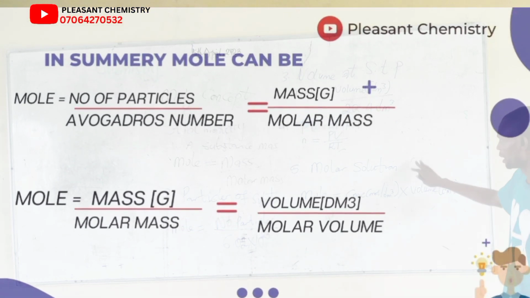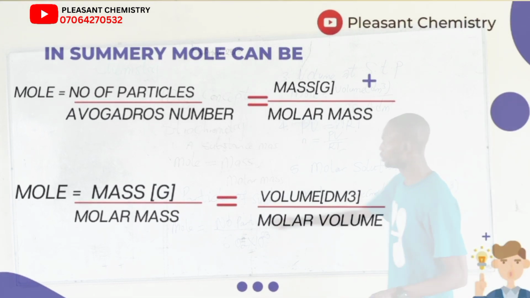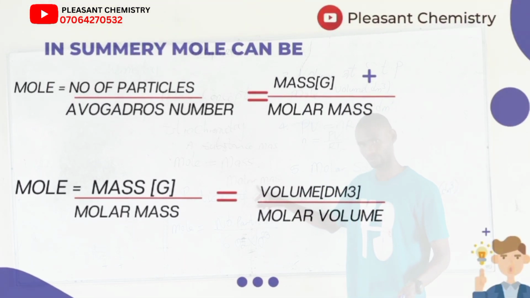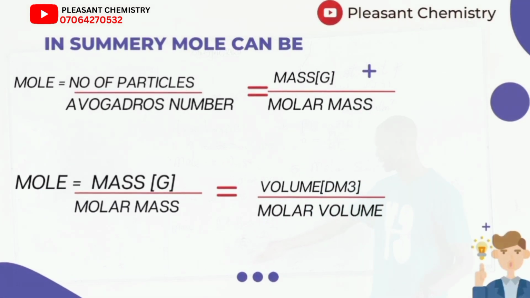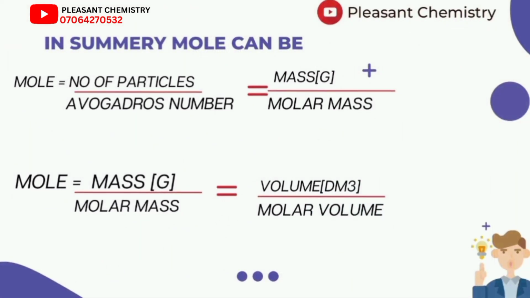Okay, so from here, we can say a mole is equal to mass over molar mass. A mole is equal to number of particles divided by 6.02 multiplied by 10 to the power 23. When you are talking of molar volume, a mole is equal to volume divided by molar volume. A mole is equal to PV divided by RT.